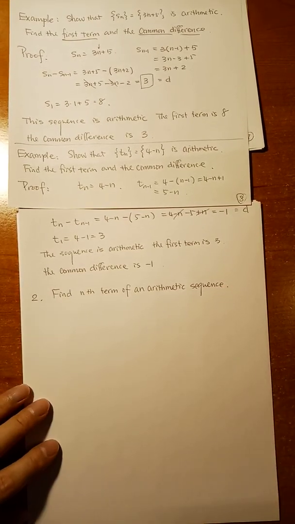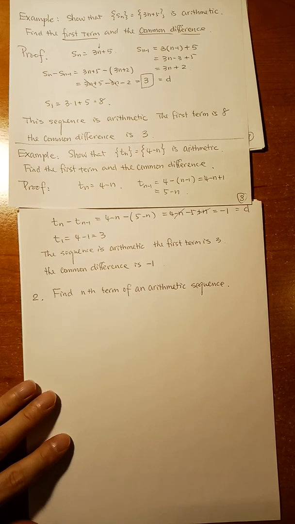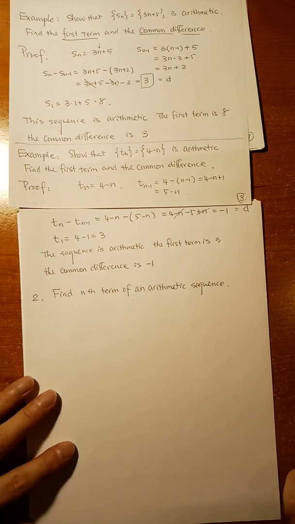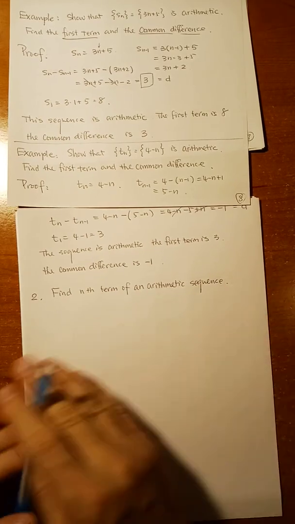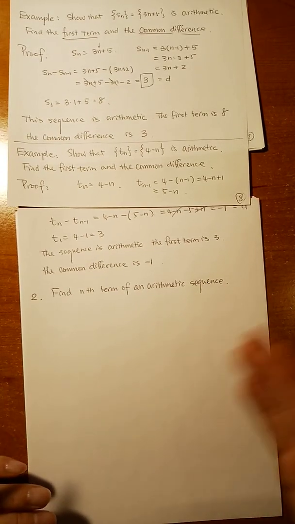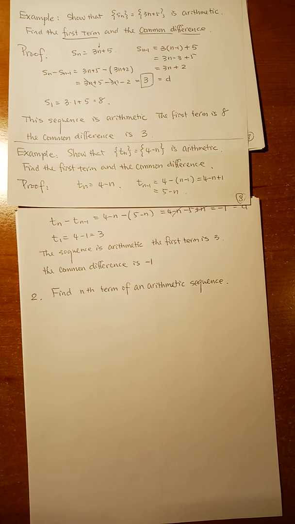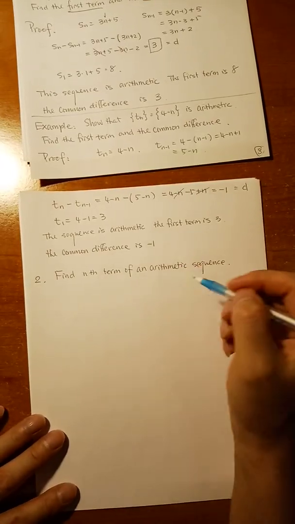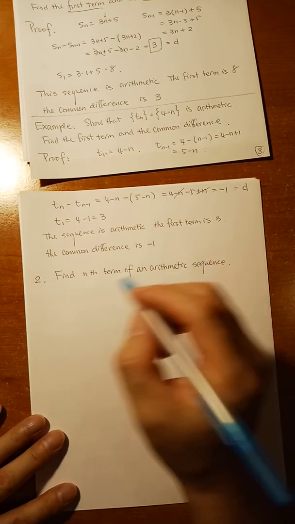For example, if you want the hundredth term, you just plug in n equal to 100 and directly write the answer. You don't have to add d 100 times. That's not an easy job, right? So let's try to find the nth term, the general term.